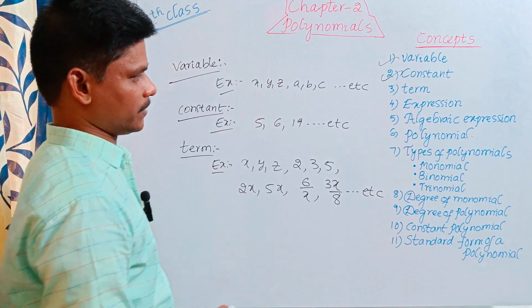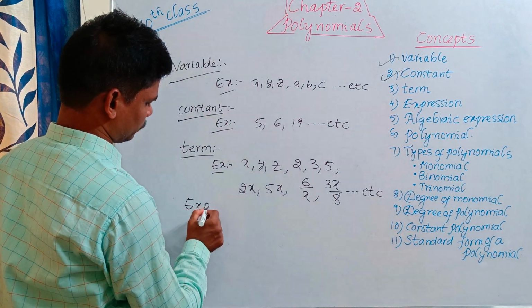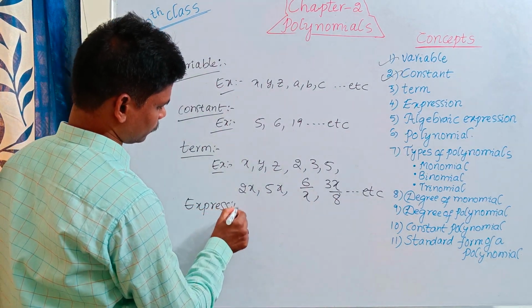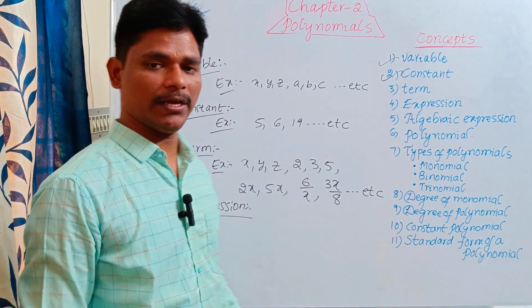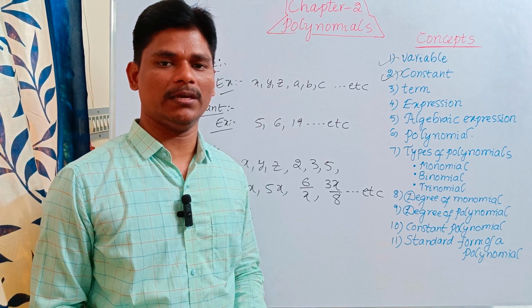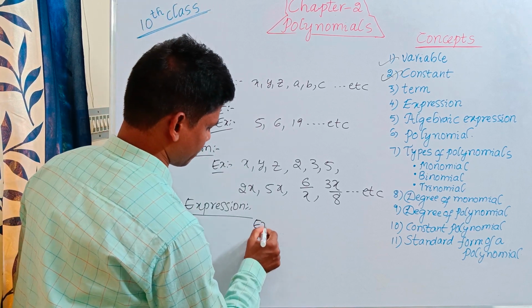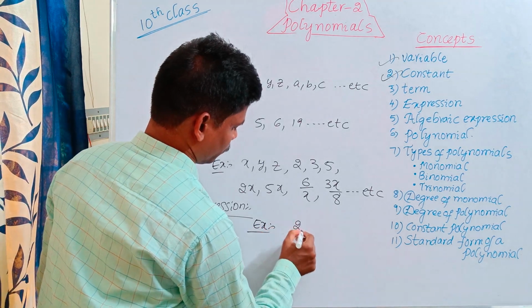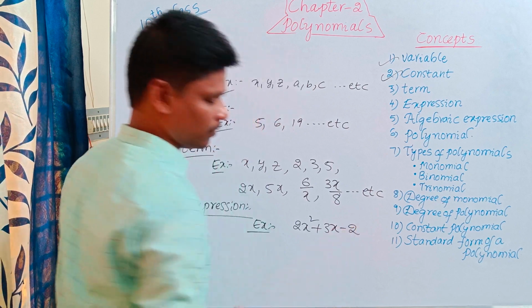Next, expression. What is an expression? An expression is defined as a group of terms, separated by plus and minus. For example, 2x square plus 3x minus 2.